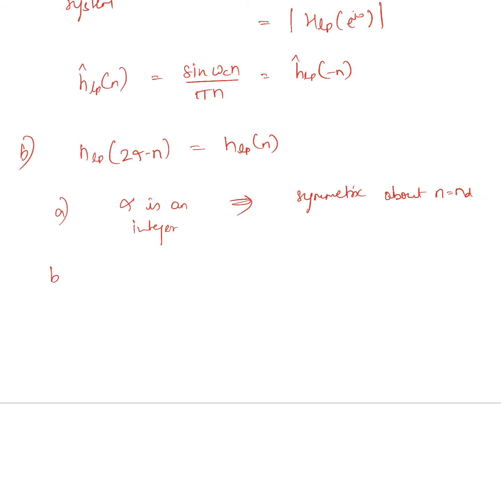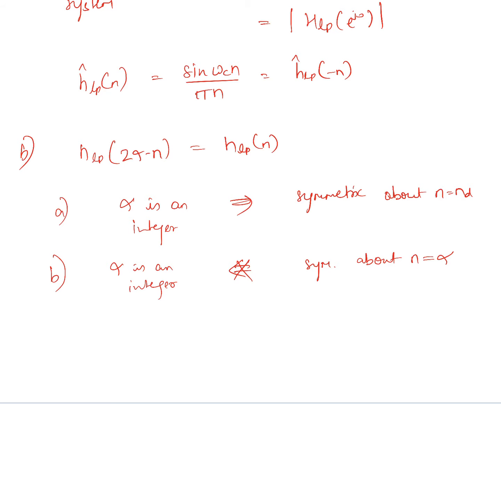Now in the second case, we see that it is symmetric about n equal to alpha, which is not an integer, and that does not imply that alpha is an integer. So it is not possible to shift the sequence to obtain an even sequence that has the zero phase.